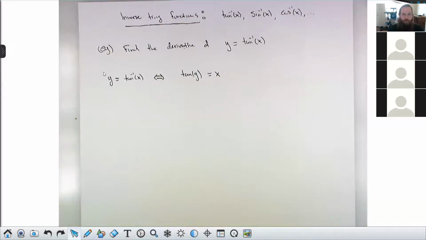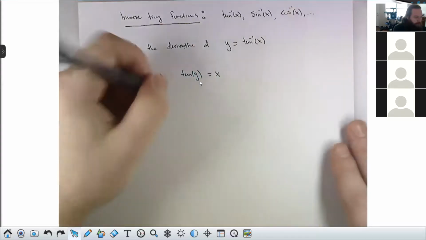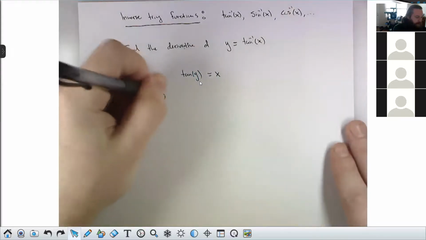I hope you understand what I mean, though, by saying this is explicit, it's solved for y, and this is implicit, it's not solved for y. But I know that this implicitly defines y as a function of x, specifically this way. So I can differentiate through here with the understanding that y is not a variable, it's a function. So now I will apply the operator d dx to both sides.